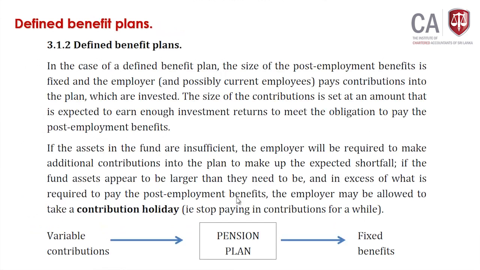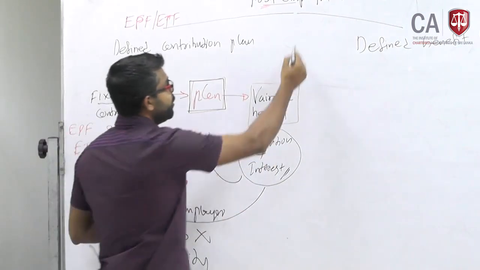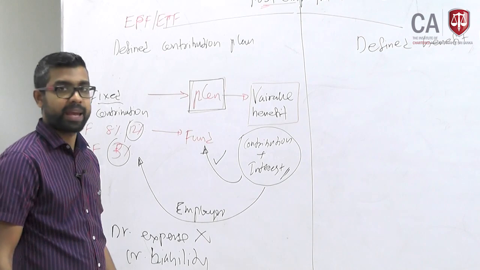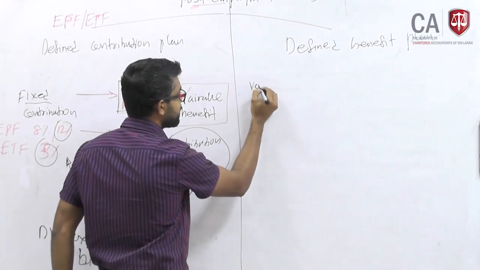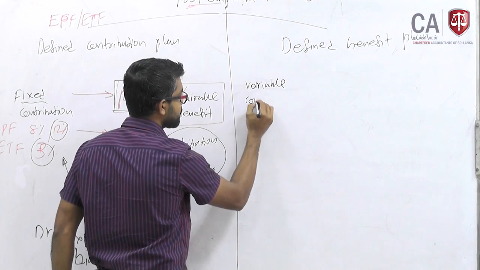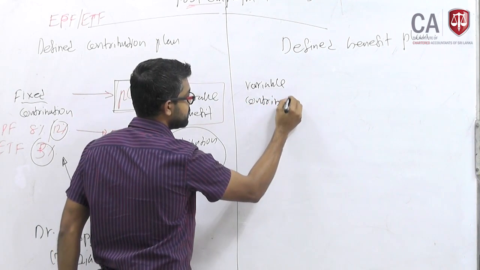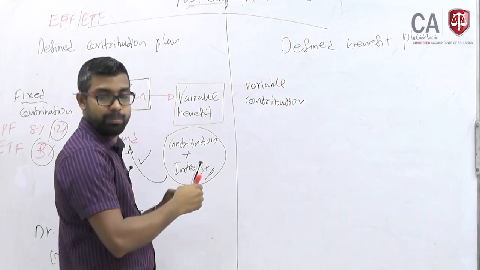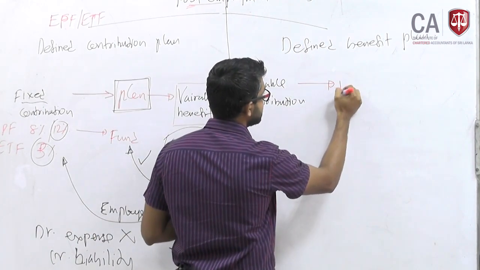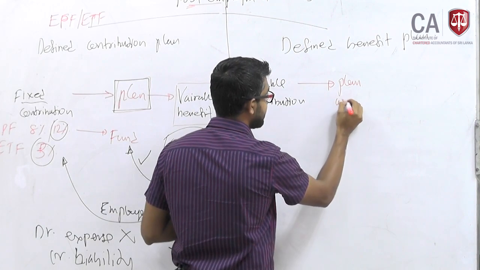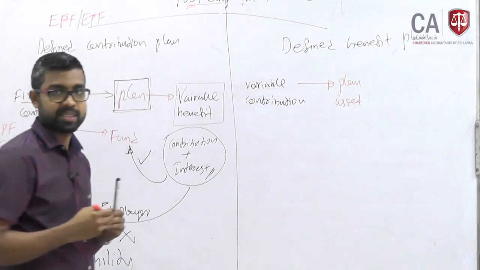Defined benefit plan is not that simple to understand, right? Here it is like this. Let me explain on the board before I come to the screen. Here it's a fixed contribution, but when it comes to a defined benefit plan, it is a variable contribution, again to a plan, plan asset.